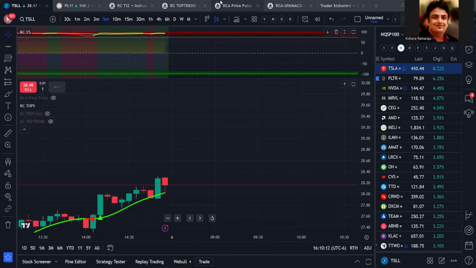So is that clear, the major difference between a strategy and an indicator? All these are custom indicators.